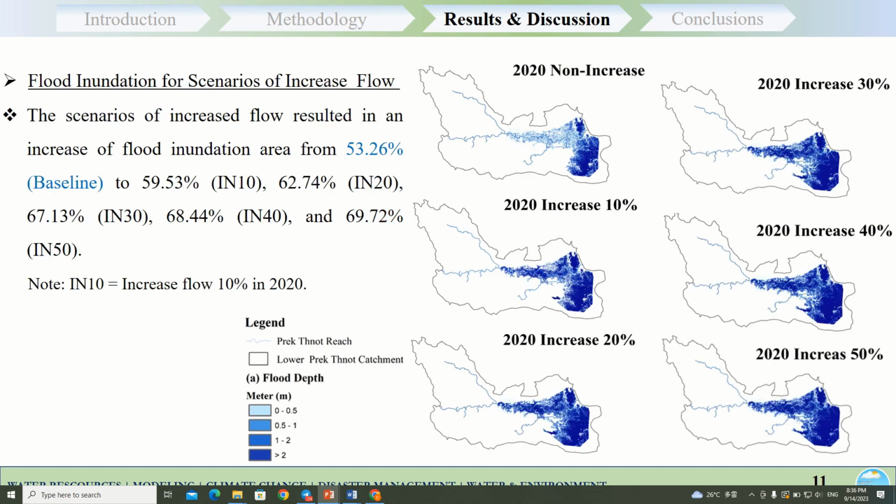For the increasing flow scenario, by increasing flow by 10%, the resultant area increased by around 66% compared with the baseline. Also, after increasing flow by 20 to 50%, the flood area rose by over 9%.